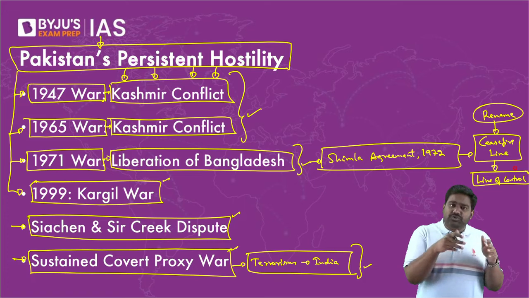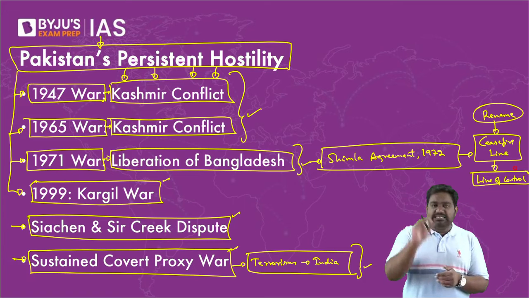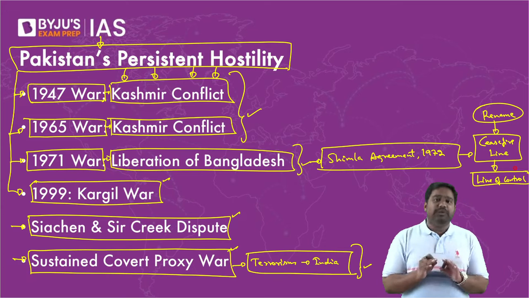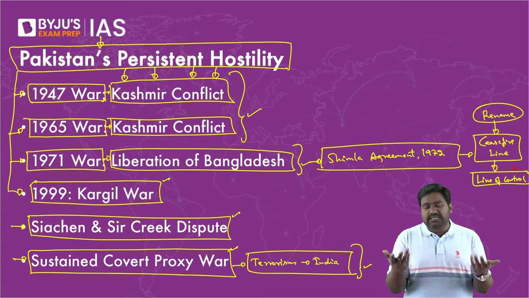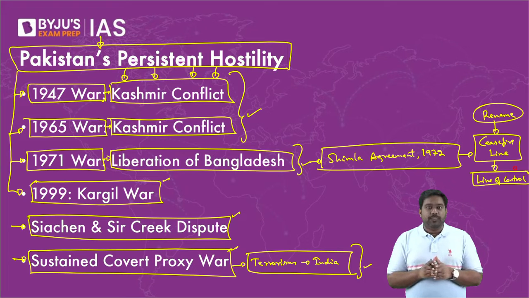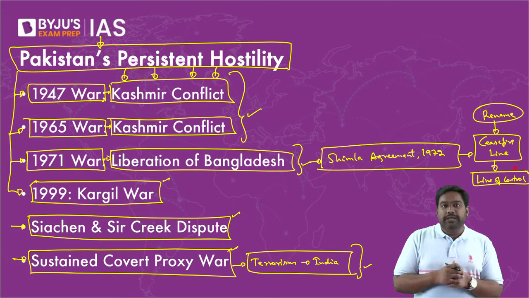If there is no ceasefire line, if we erase the ceasefire line itself and name it something else, legally speaking, the UN military observer group has nothing to monitor. All right, this is a clever play of words. This is a very clever strategy by India.